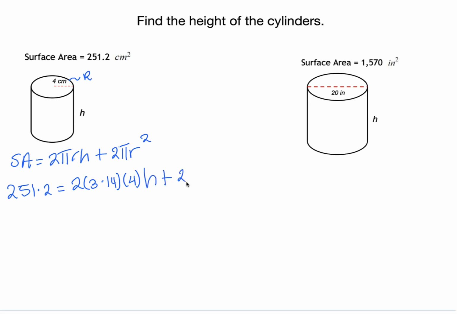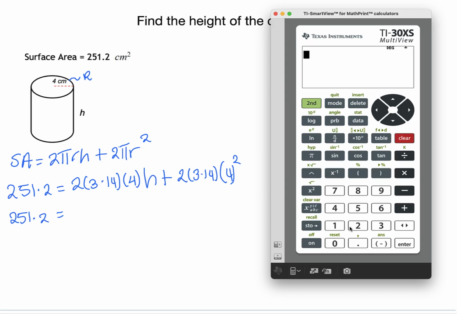Plus 2 times 3.14, and I know my radius is 4 squared. So I have 251.2 equals, so here I'm going to do 2 times 3.14 times 4. Those are the only numbers I can multiply, which gives me 25.12.